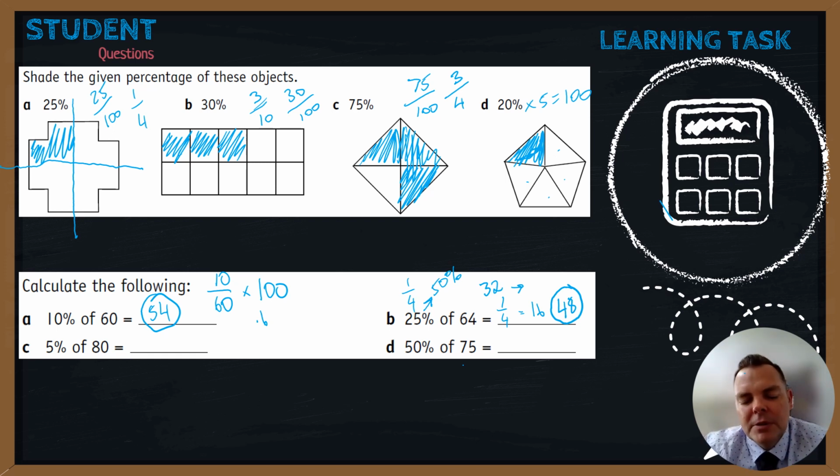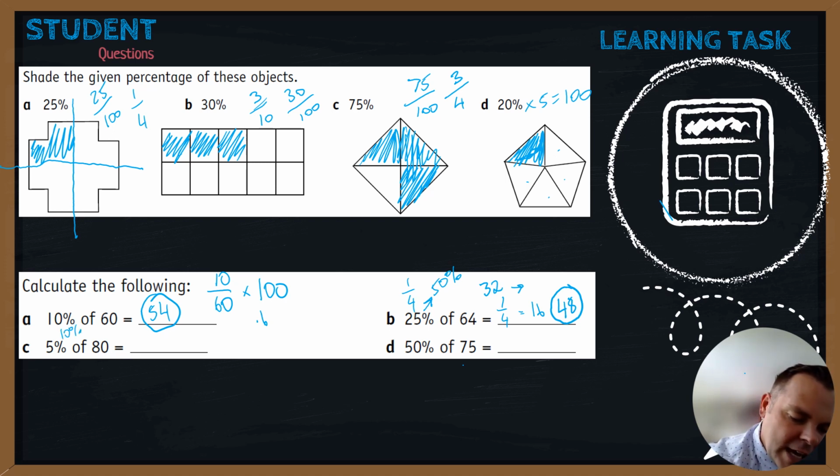5% of 80, well, I'm going to do the same thing. I'm going to double this. I'm going to say, well, 10% of 80 is 8, and then half that, because that was 10%, half of 8 is 4. So 4 is going to be my number. I'll go through that again. You've got 80, okay?